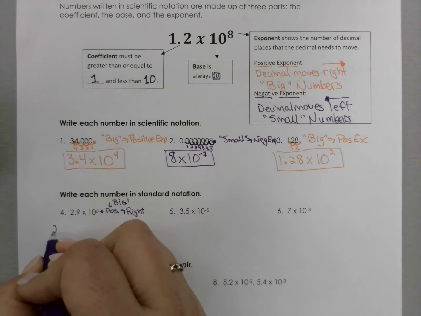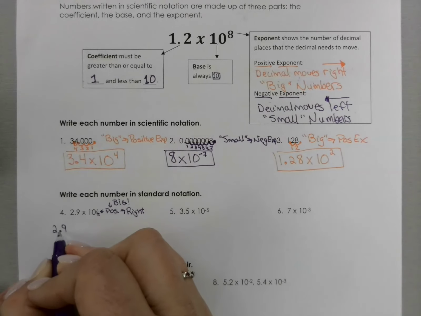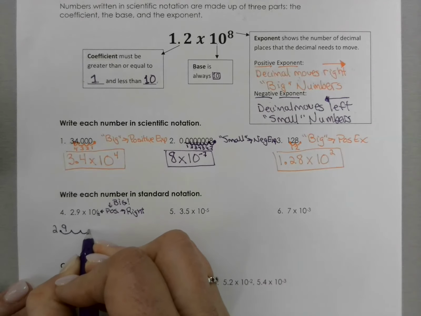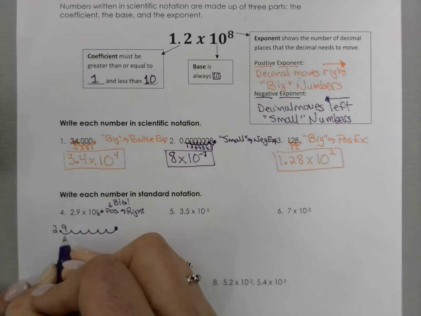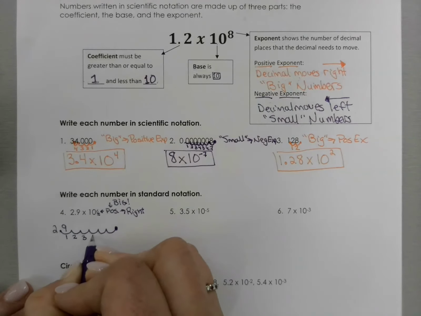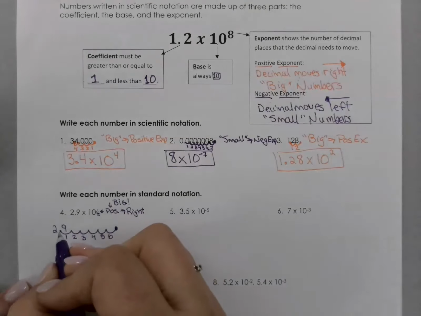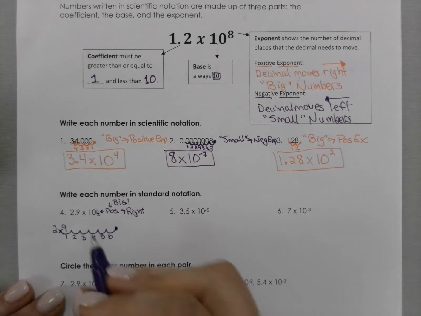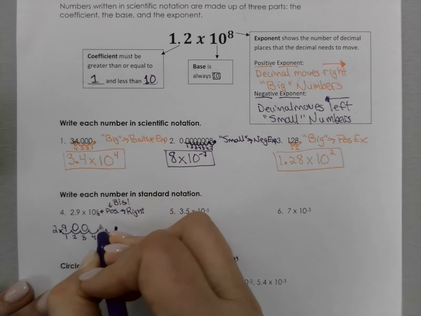So if I have 2.9, I want to move that 6 places: 1, 2, 3, 4, 5, 6. And then I'm going to fill in these little half circles with zeros.